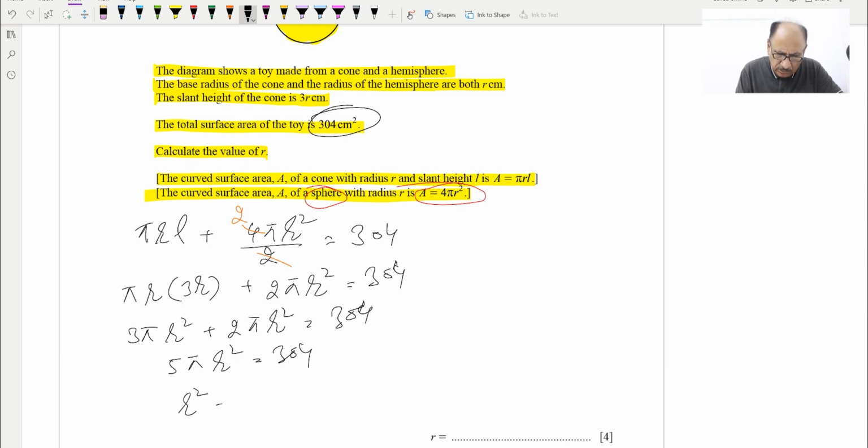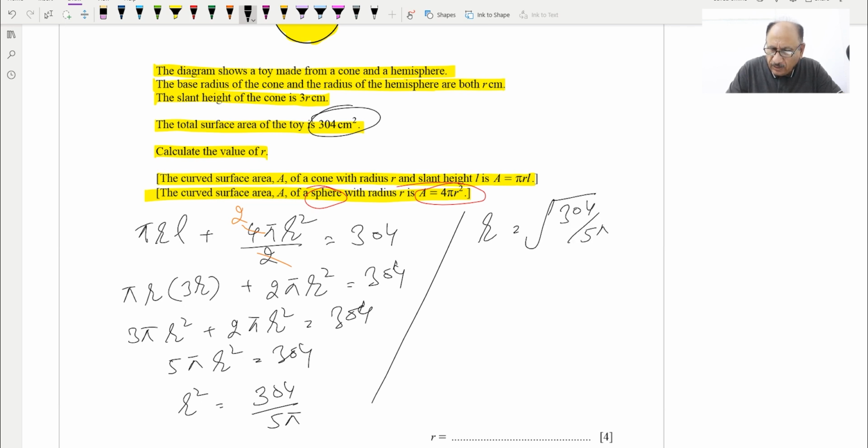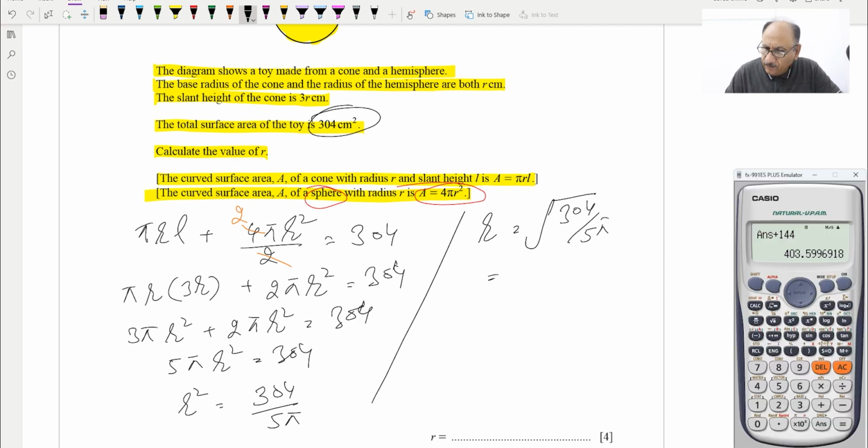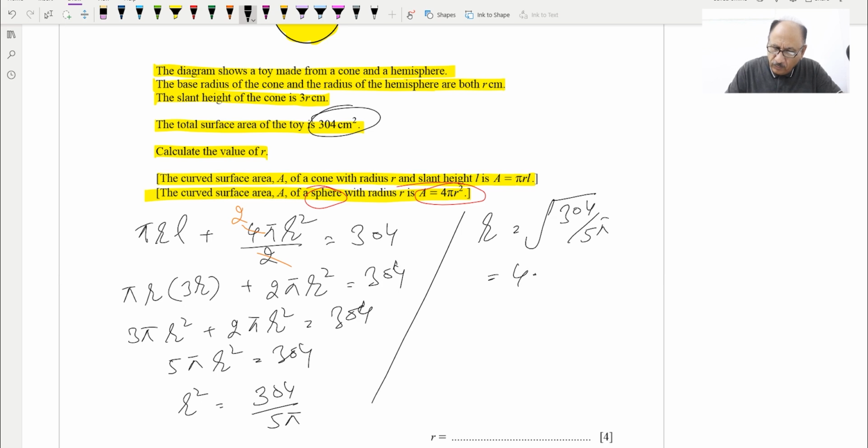So r square is equal to 304 over 5 pi, and this implies r is equal to the square root of 304 over 5 pi. If we calculate this, it will be 4.399.